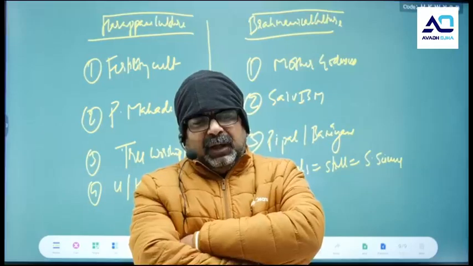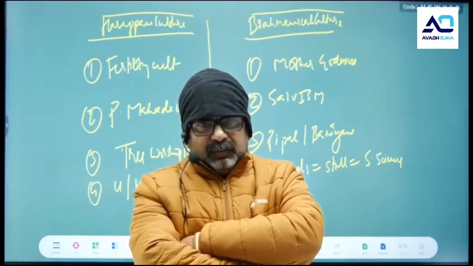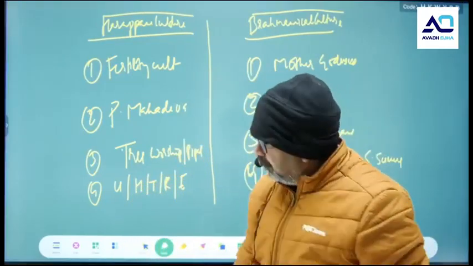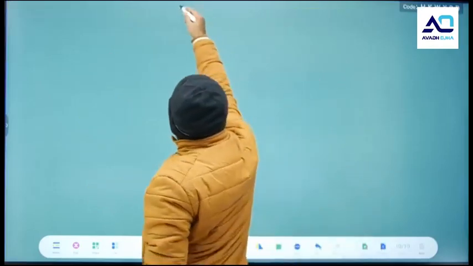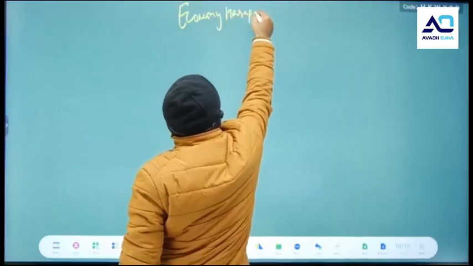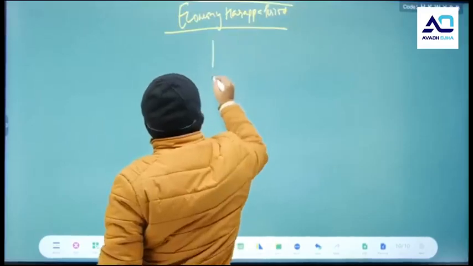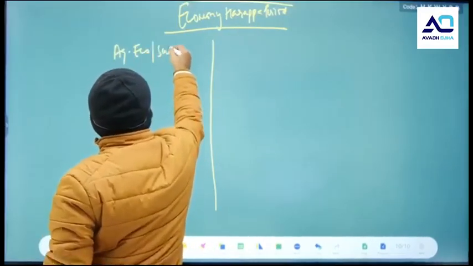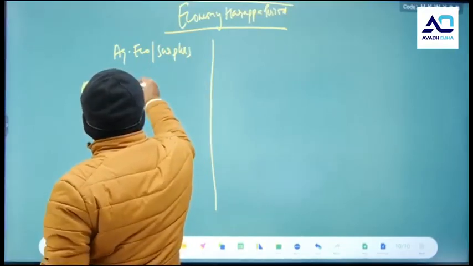If you are in trouble, see the graphs. Economy of Harappa period. Graph. Agricultural economy. Surplus was present. Example, granaries.